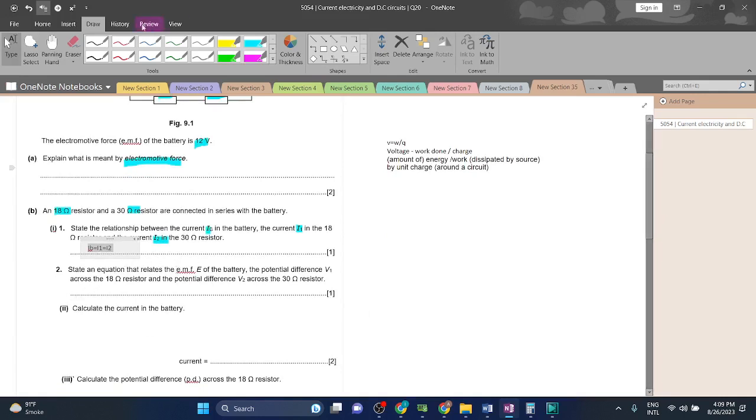State an equation that relates the EMF E of the battery, the potential difference V1 across the 18 ohm resistor and the potential difference V2 across the 30 ohm resistor.